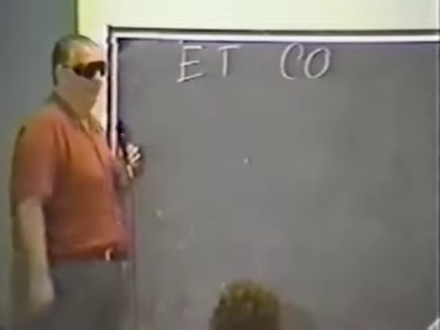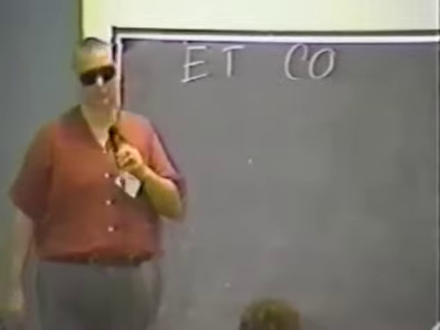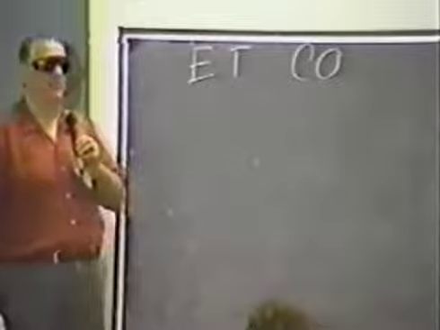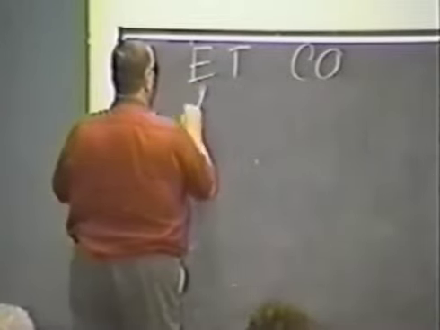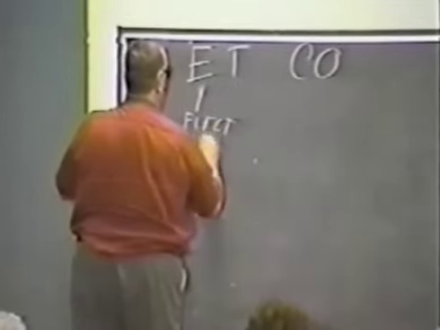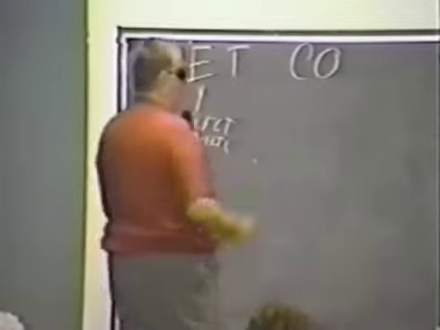Now, they were not at the point when they formed this. They weren't going to call it the extraterrestrial company. They had to come up with a name for the crystal amplifier. E, of course, is electronic. Company, of course, is company.